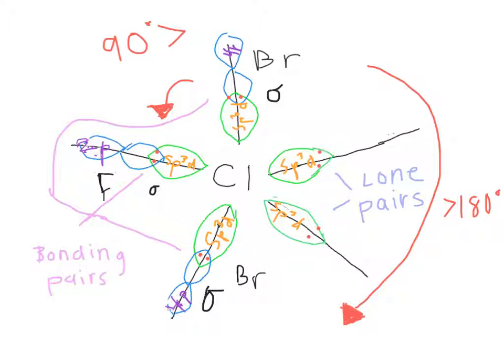And last, we can go over the contour diagram for ClBr2F. First off, we have Cl as our central atom, and it has 5 electron groups, so that means we have 5 sp3d orbitals attached to it, and we have drawn each one of them in the green shape. They are all also labeled.